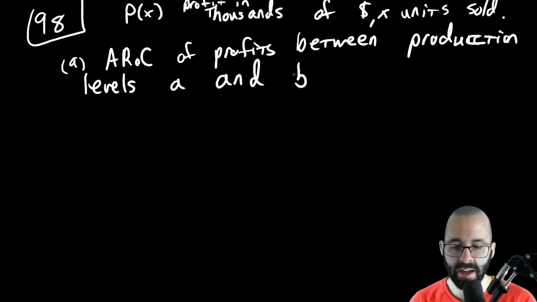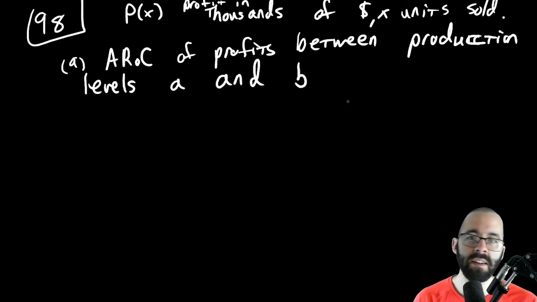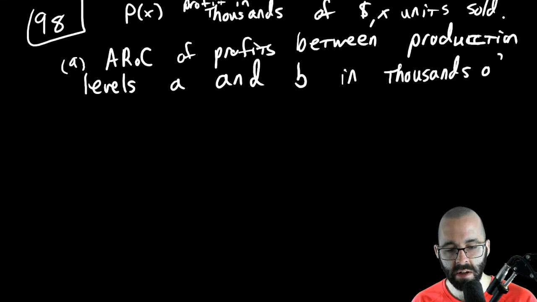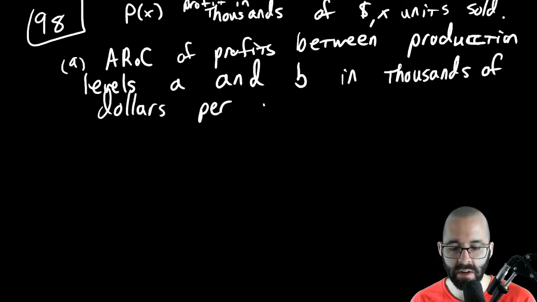A and B. And again, this is a slope. It's a rate of change. What are the units? Rise over run, so it's going to be in thousands of dollars per unit.